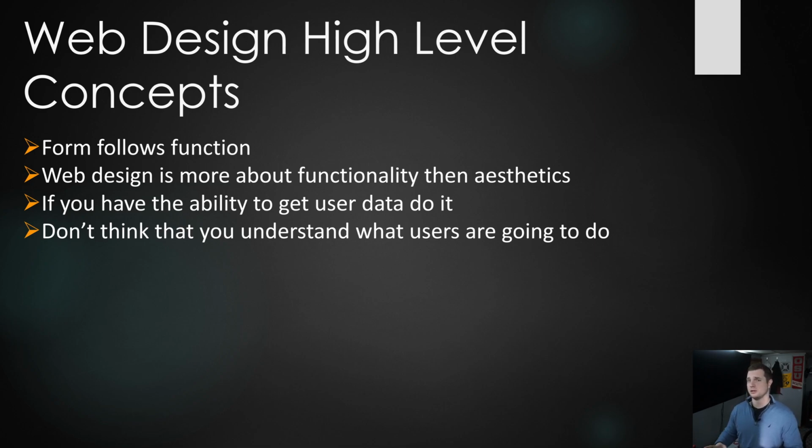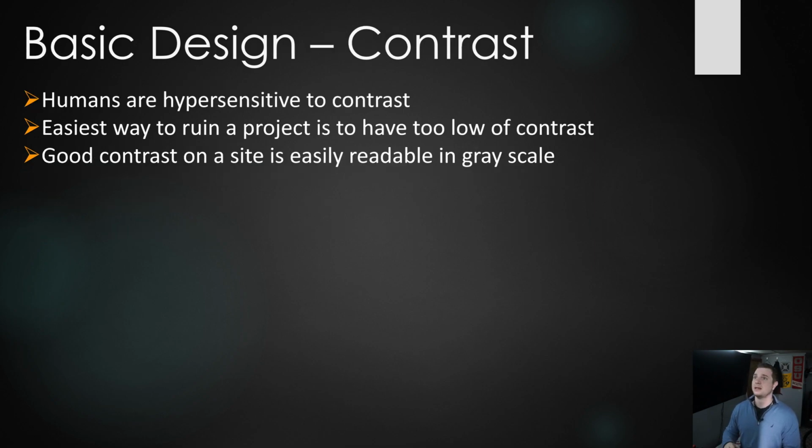And now we're going to go over some of the design concepts that we need to get down relatively well. The first thing is contrast. This is by far the easiest thing to do and by far the easiest thing to screw up. People are hypersensitive to contrast, and this is partially how compression algorithms work for pictures.